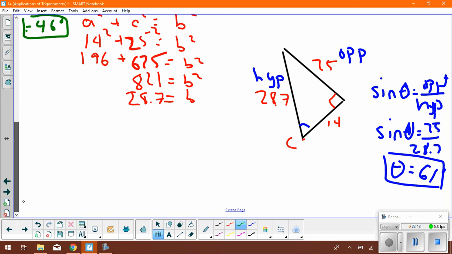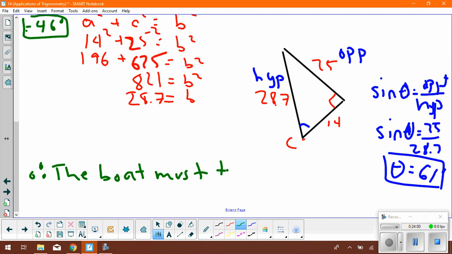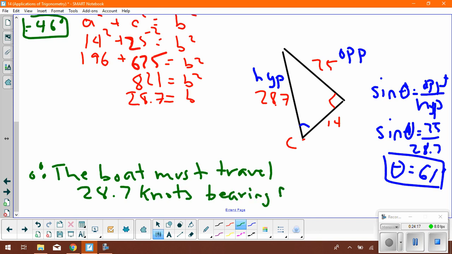So after all that, my final answer is therefore the boat must travel 28.7 knots bearing north 46 degrees west.